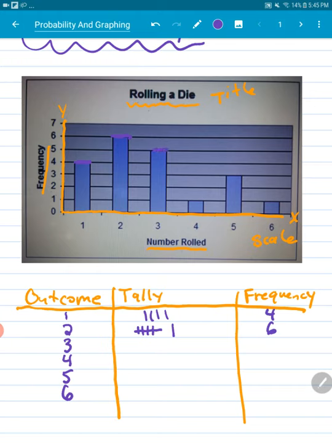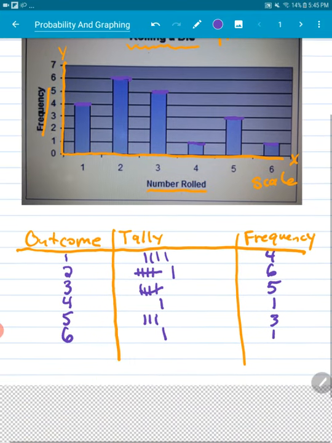For 3, it goes up to 5, 1, 2, 3, 4, 5. For 4, it just goes up to 1, so 1 and 1. For 5, it goes up to the 3. So you're already seeing it's really not that difficult. And 6 has a 1, which is great.